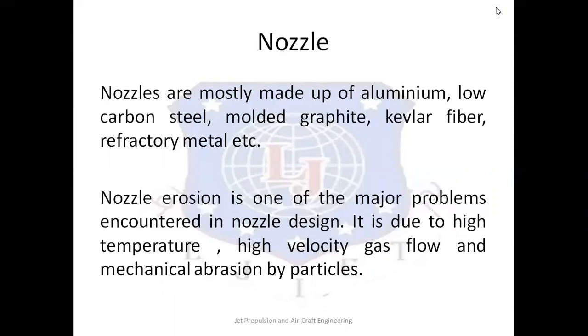Now, there are different types of nozzles. Materials used include aluminum, low carbon steel, molded graphite, Kevlar fiber, ablative plastic, refractory materials, etc. And basically the housing and structural support of the nozzle use the same material as the metal case.